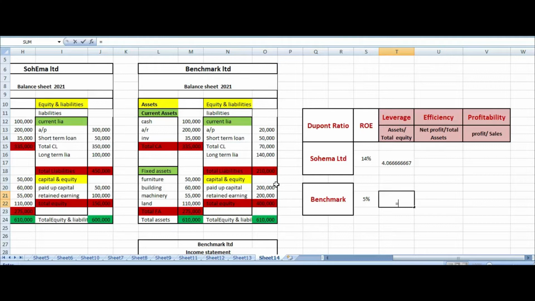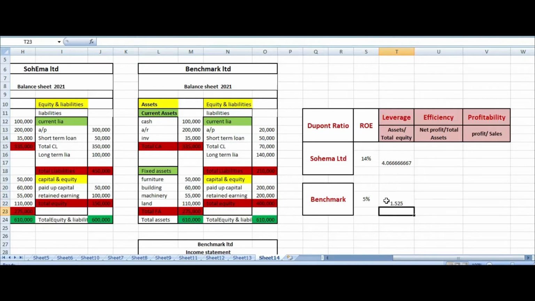Whenever we borrow money, that will reduce the cost of capital. So the total amount of equity which is invested by the owners is 4 lakh.